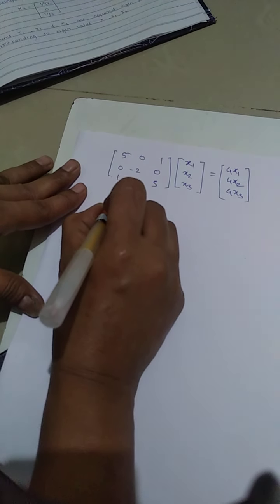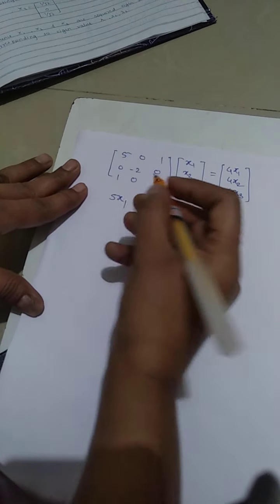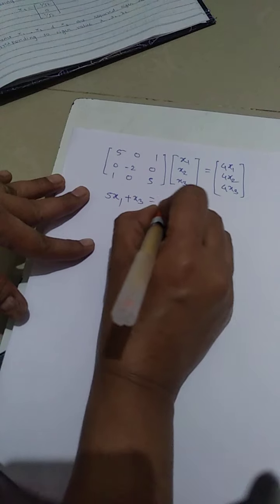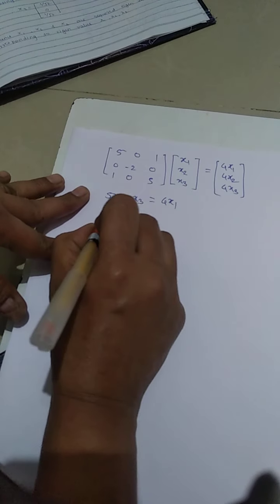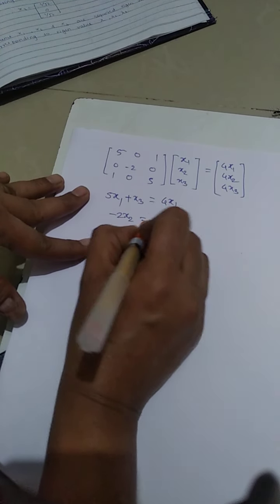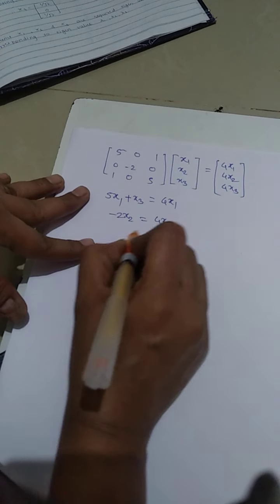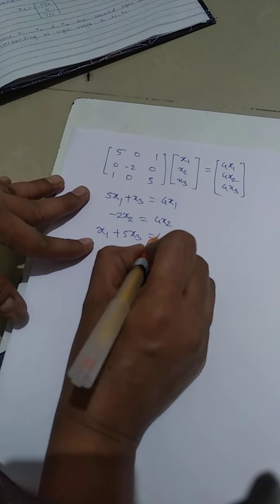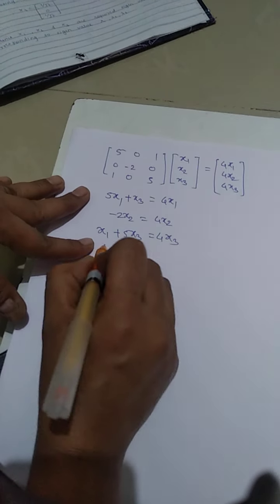Then we multiply these two matrices, then we get 5x1 plus x3 is equal to 4x1, -2x2 is equal to 4x2, and x1 plus 5x3 is equal to 4x3.